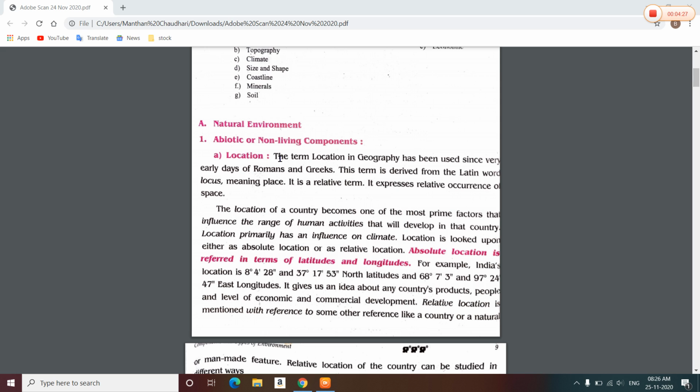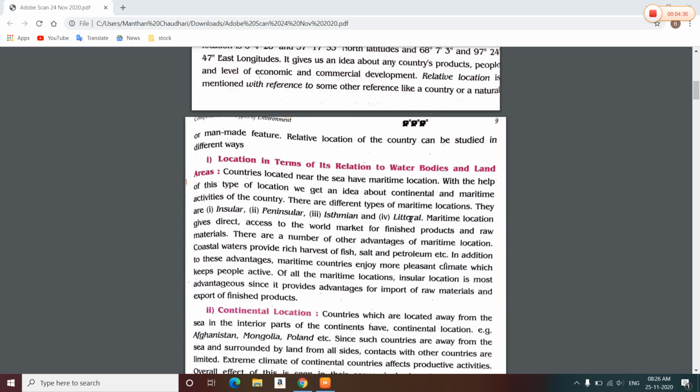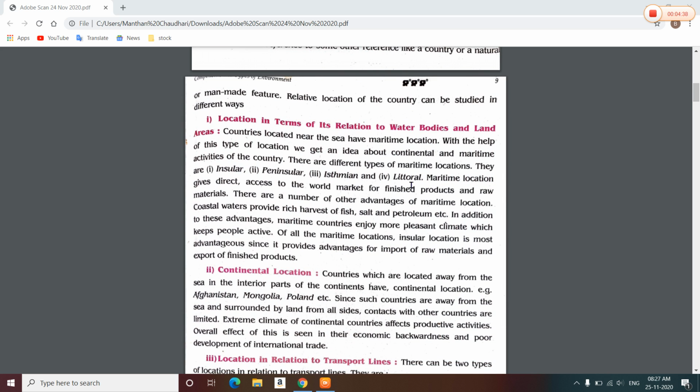Number one is insular location, second one is peninsular location. Here you can see types of maritime location have been given.